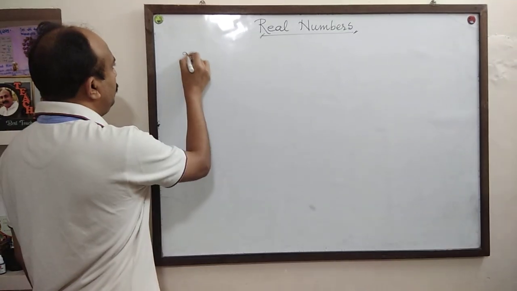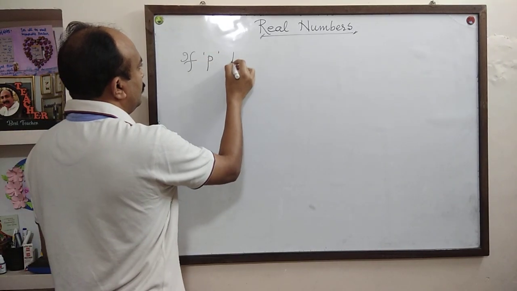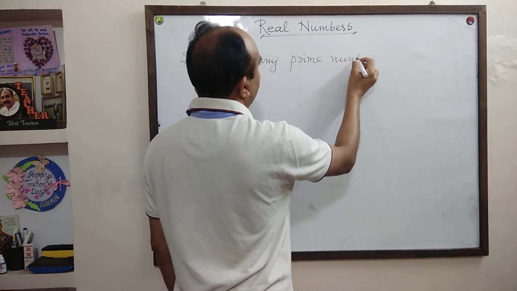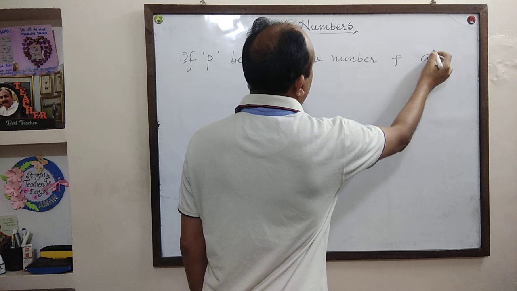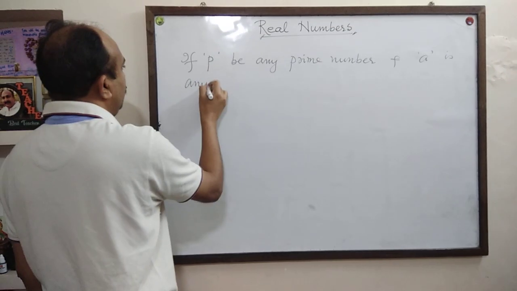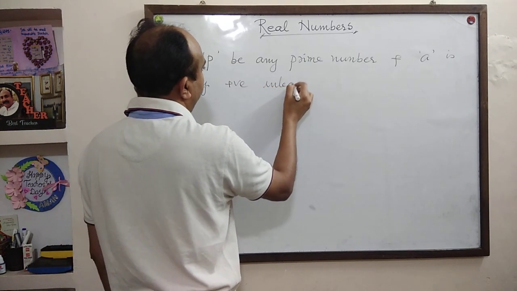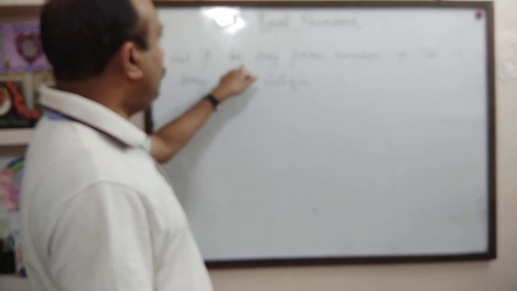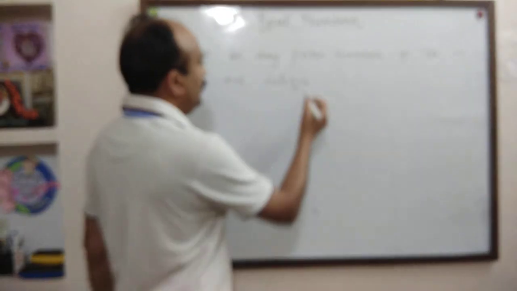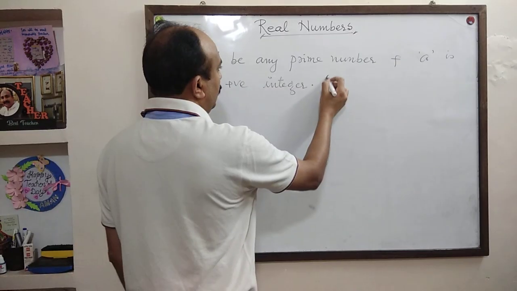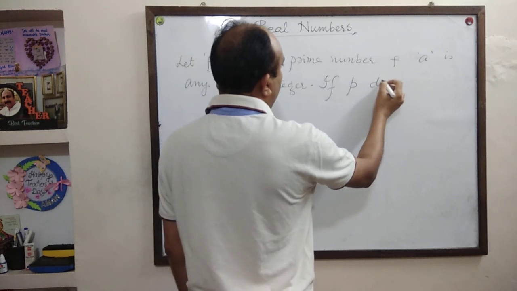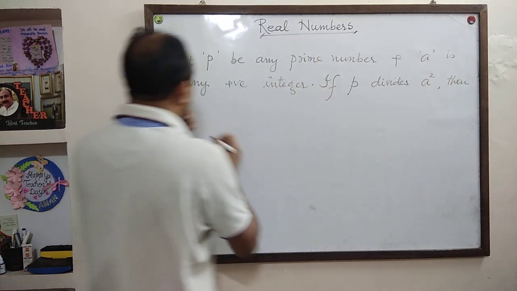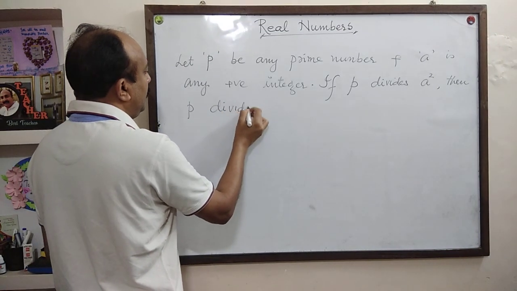If p is any prime number and a is any positive integer, then if p divides a square, then p divides a also.